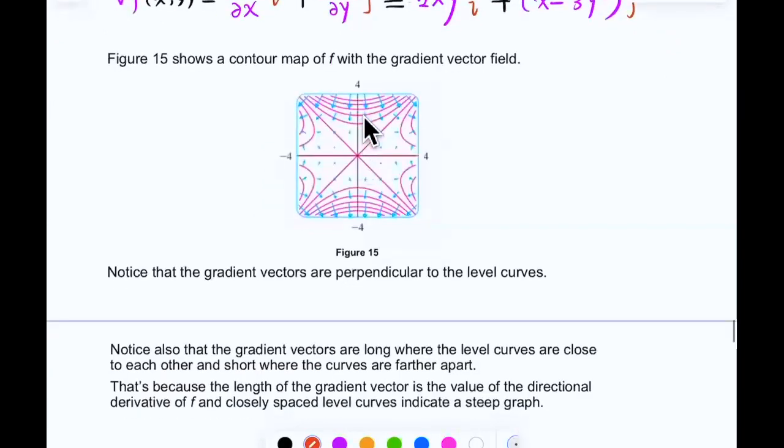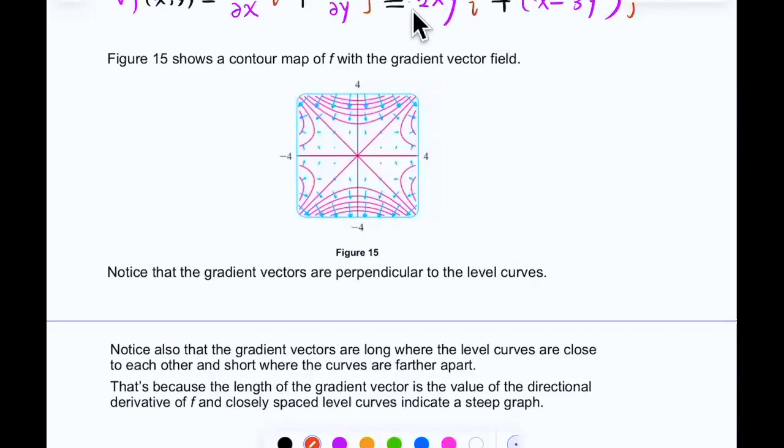The gradient vectors are long when the level curves are close to each other. You see right here, the level curves are close to each other, and the gradient vector is long. And short when the curves are further apart. So here and here is further apart than like this. What's the reason? Looking at this formula for the vector field, how do you find the length of this gradient vector?